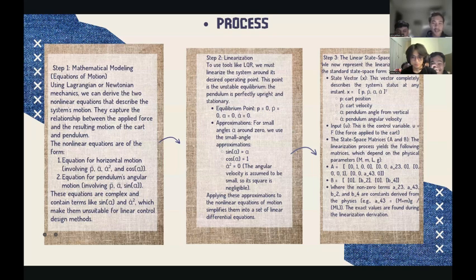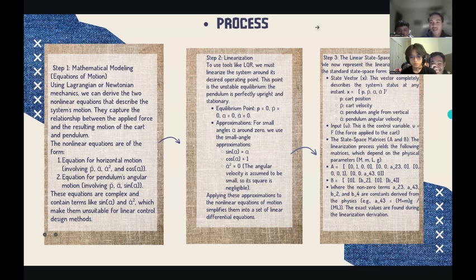Then, for small angles, the angle around zero, we use the small angle approximation: sin of the angle equals the angle, cos of the angle is 1, and the angular velocity squared is equal to 0. Applying these approximations to the nonlinear equations of motion simplifies them into a set of linear differential equations.